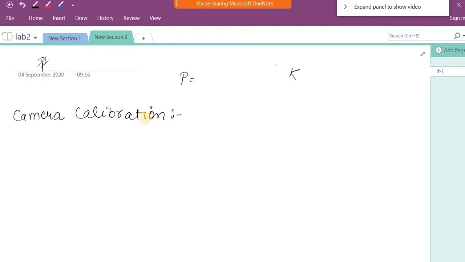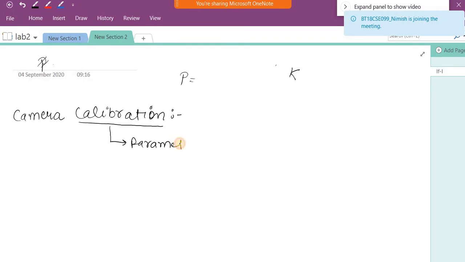The camera calibration concept is very simple. Calibration means we have to adjust the properties inside the camera, like the parameters.